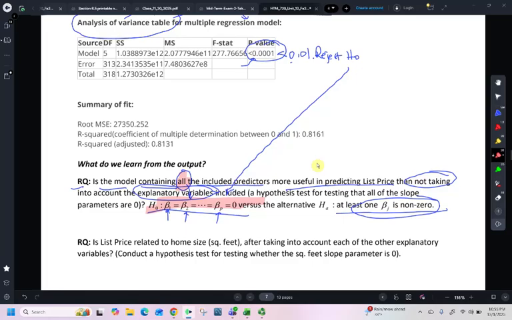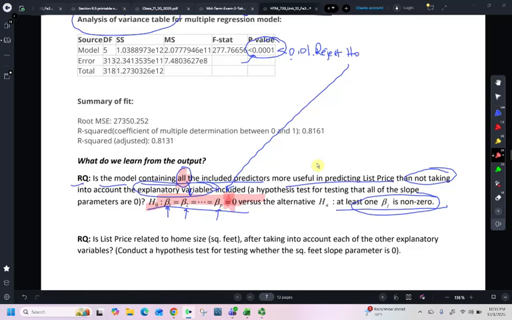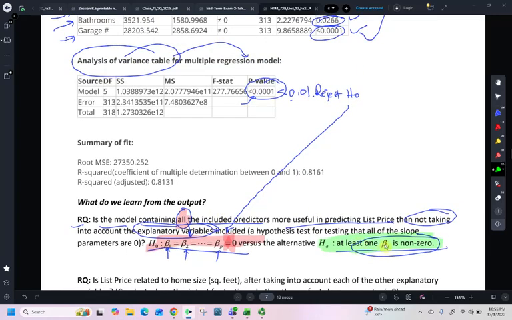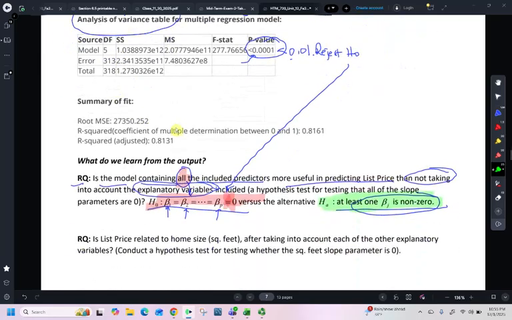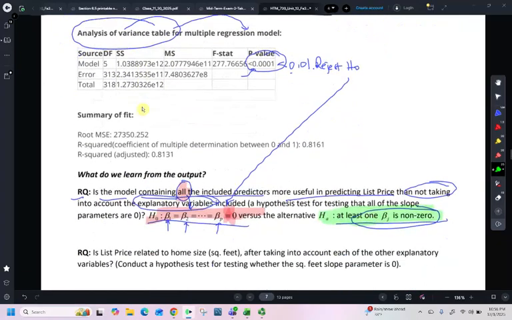And if we are rejecting that, that means we are going in favor of the alternative that at least one of the regression slopes is not zero, that is, at least one of these independent variables is useful in predicting the list price.